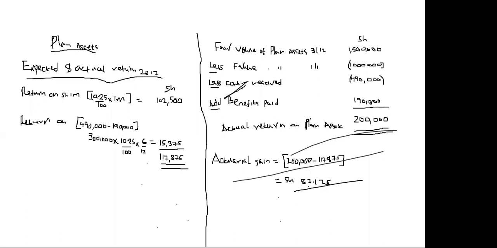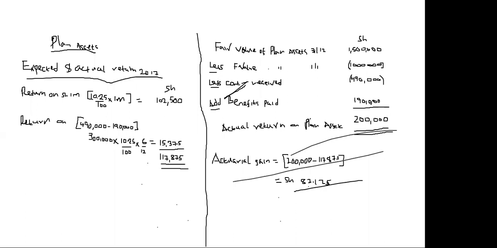If you go back to the problem, we were told that the net cumulative actuarial gains and losses were 76,000, as at 1st January 2017. Then we add that to what we have found now, which is 82,125. And then we subtract the 6,000.